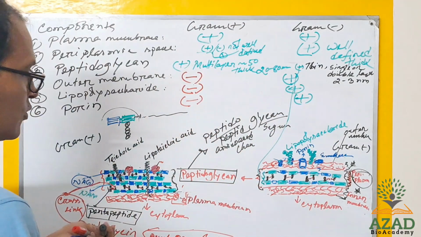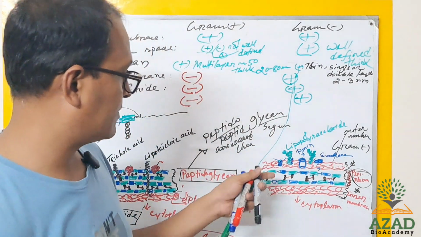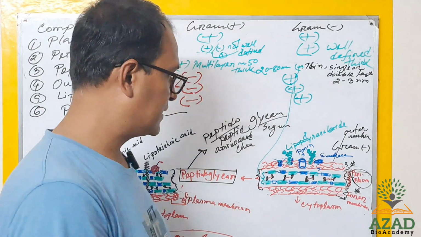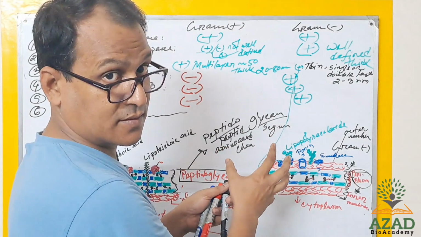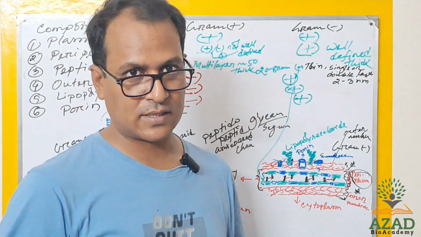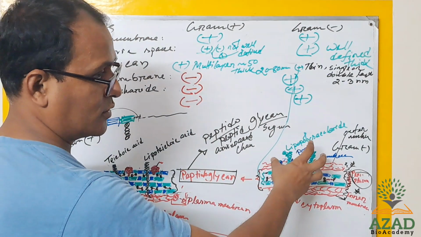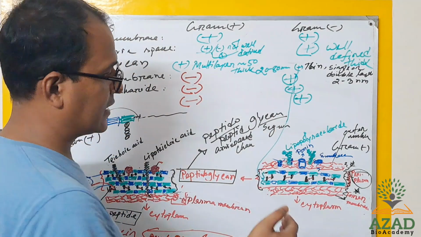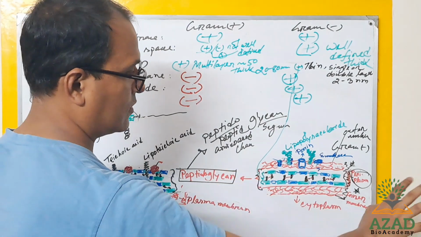So what is the function of porin? It is just like a channel made of protein that regulates which favorable substances are allowed to enter the cell or not. That means only suitable substances get the chance to enter inside, and others will not be allowed.